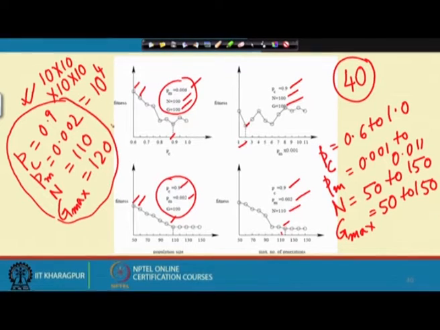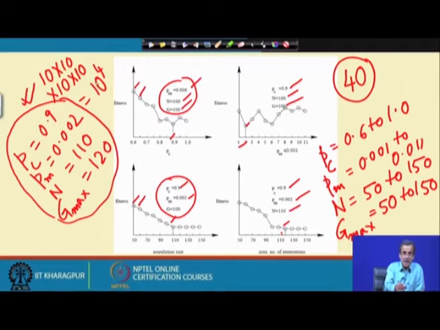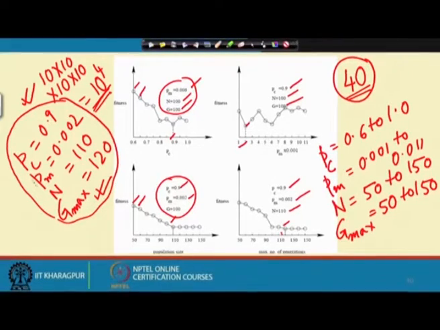So, I should run GA 10 raised to the power 4, that is 10,000 times, to decide the GA parameters. In place of 10 raised to the power 4, I am running only 40 times. That means this method of determining the parameters for the GA is an approximate method, and approximately we can find out the optimal or near optimal set of GA parameters.